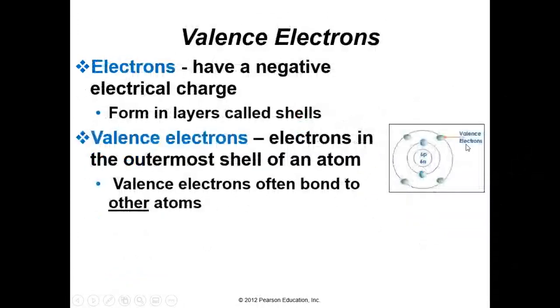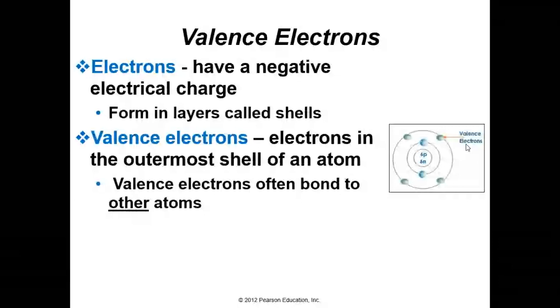These electrons have an electric charge, and they form in layers called shells. The very outside shell holds the valence electrons.